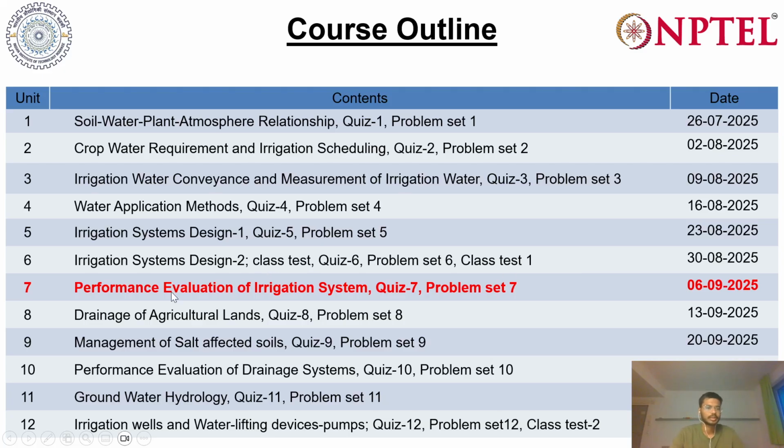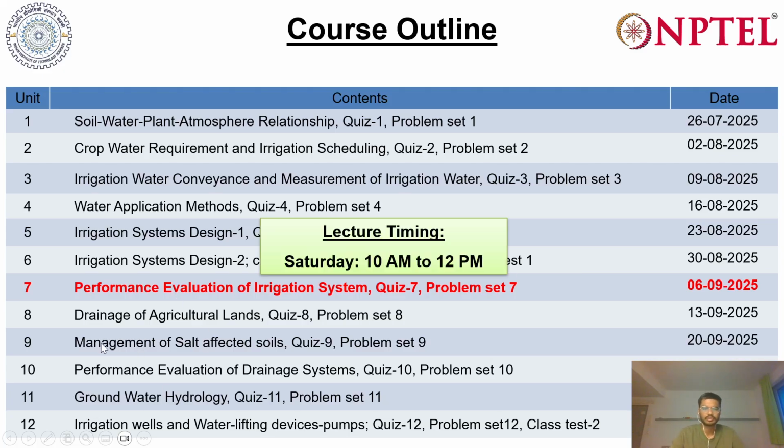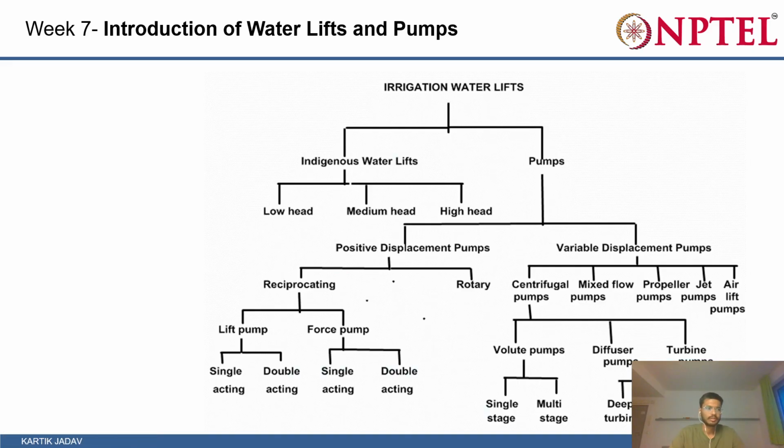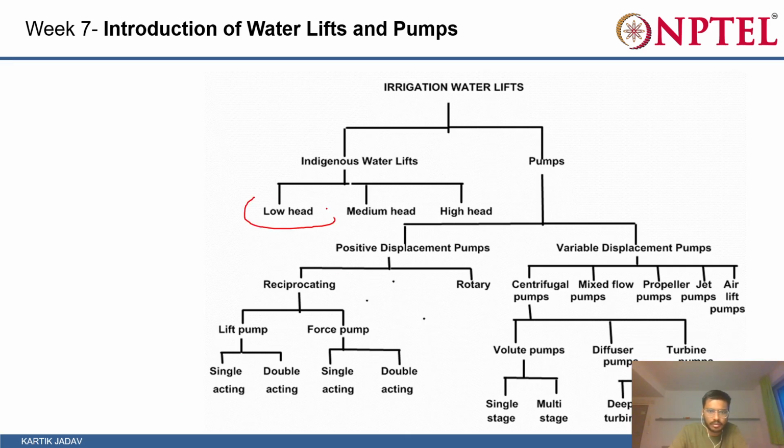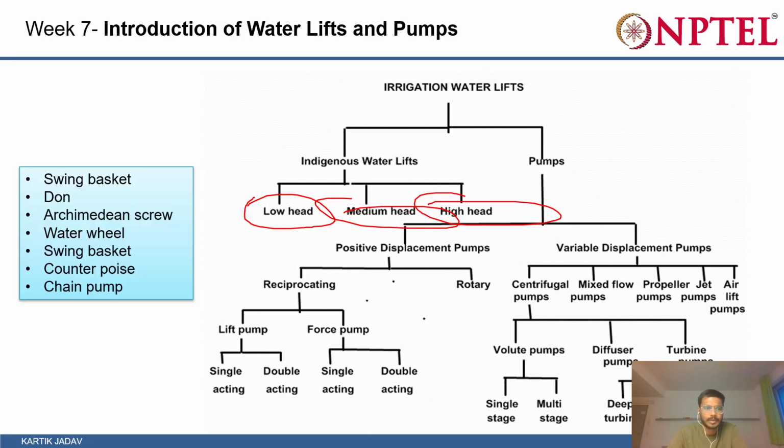So let's start today's session. In week 7, we started with irrigation water lifts. In general, they are classified as indigenous water lifts and pumps. Indigenous water lifts are again classified as low head, medium head, and high head, and pumps are generally classified as positive displacement pumps and variable displacement pumps.